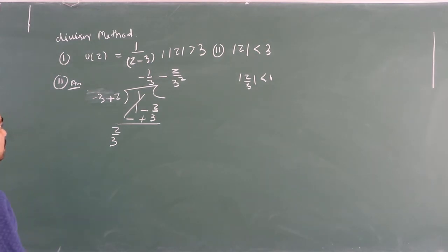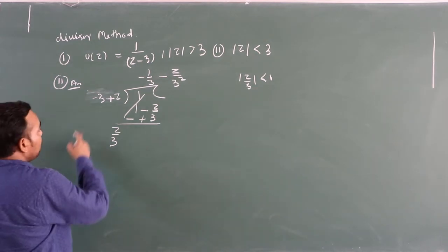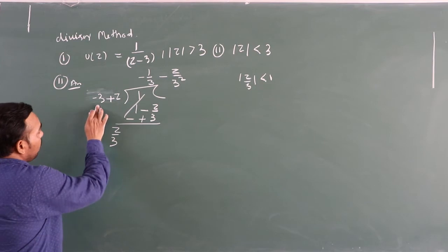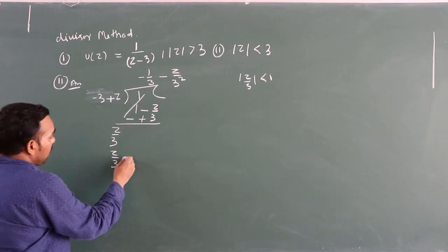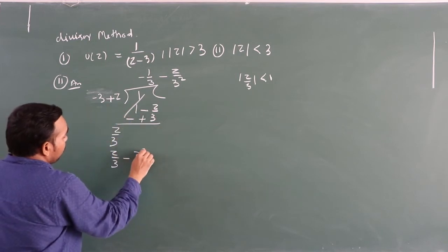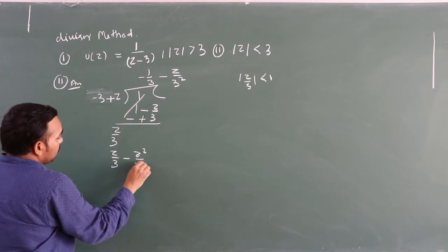Multiplying by Z upon 3 square, minus minus plus, we get Z upon 3 minus Z square upon 3 square.